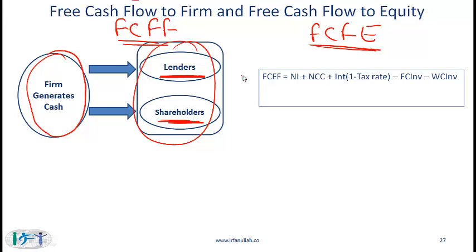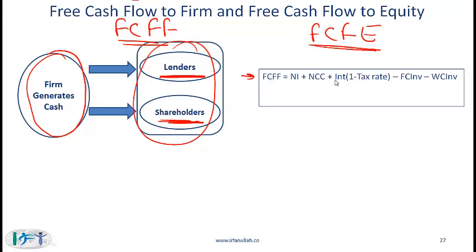You need to learn the formula for this free cash flow to firm. The formula is net income. This comes from the income statement, plus non-cash charges. Why are we adding non-cash charges like depreciation? Because net income was arrived at after subtracting depreciation. So we are simply adding it back because we are looking at a cash flow.